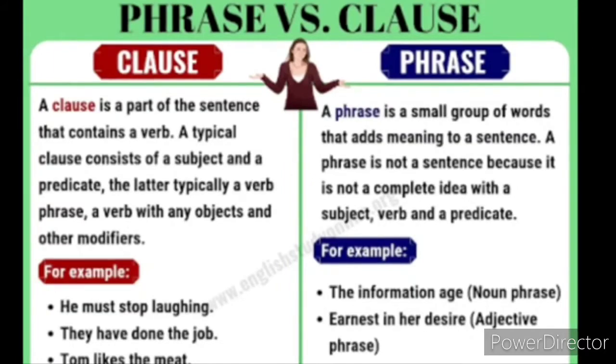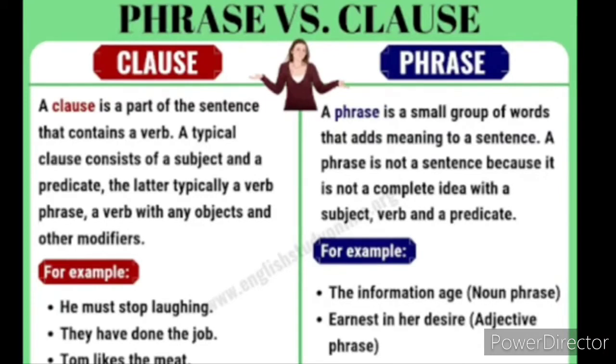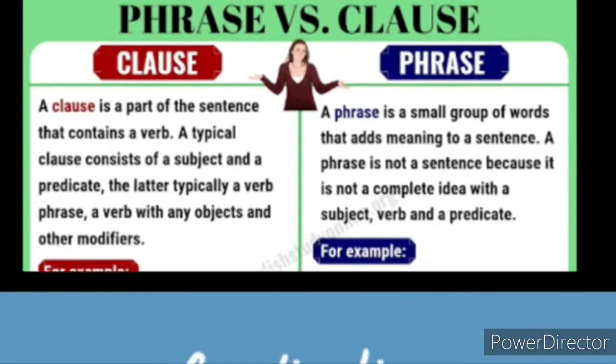So in this one also there is no subject and verb. So here the phrase is a word or group of words that will not give complete meaning without subject and verb. So that is known as phrase.